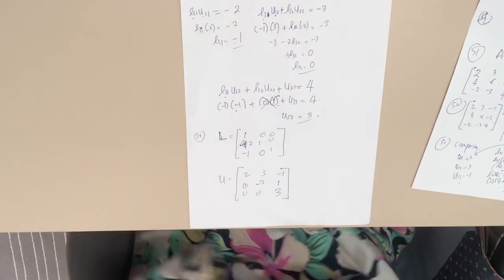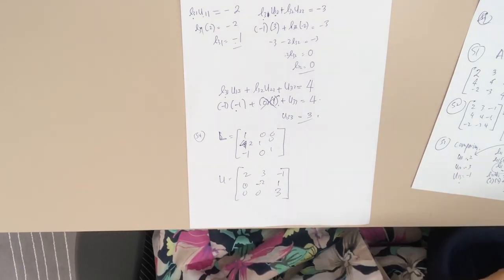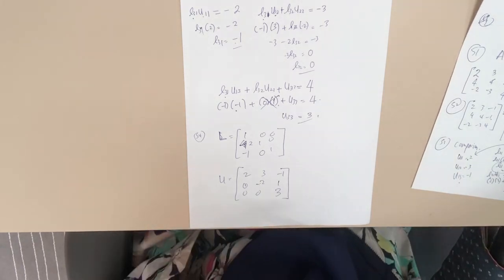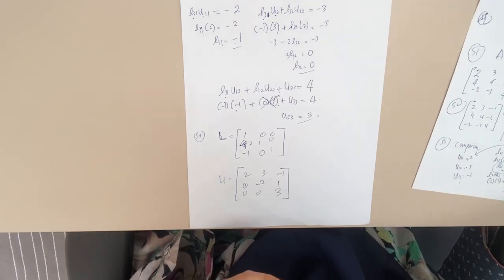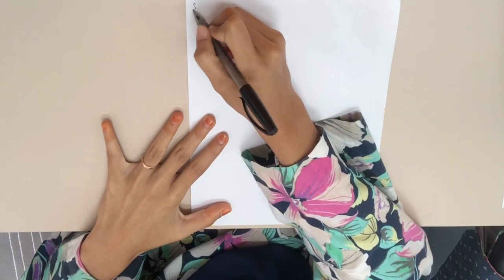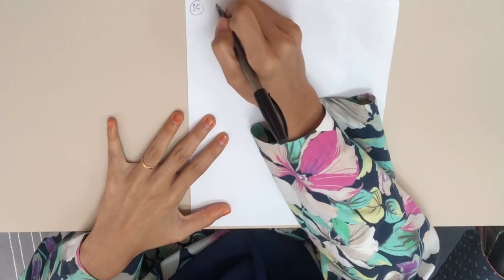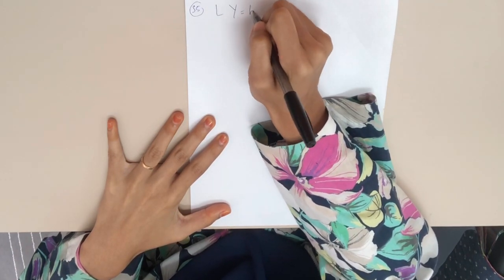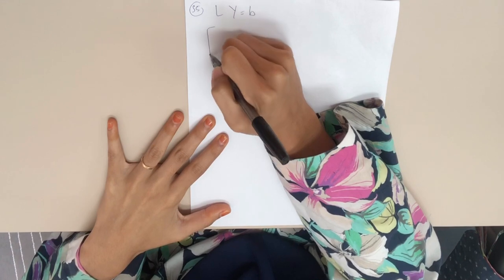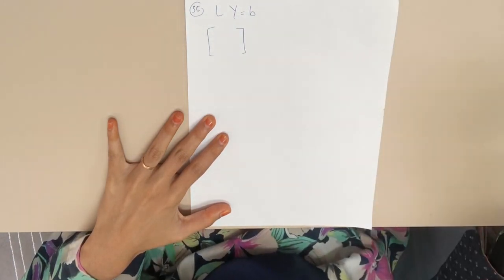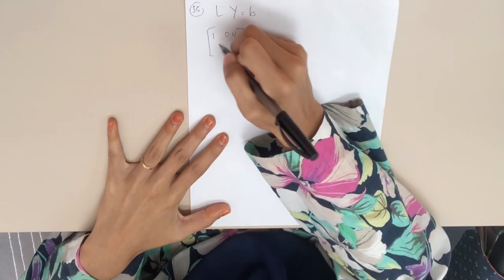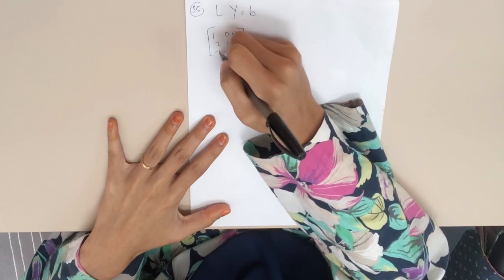Okay, so I will proceed with the steps. Step 5? Doesn't matter which step. So Ly equal to B. Your matrix L just now is 1, 0, 0, 2, 1, 0, -1, 0, 1.